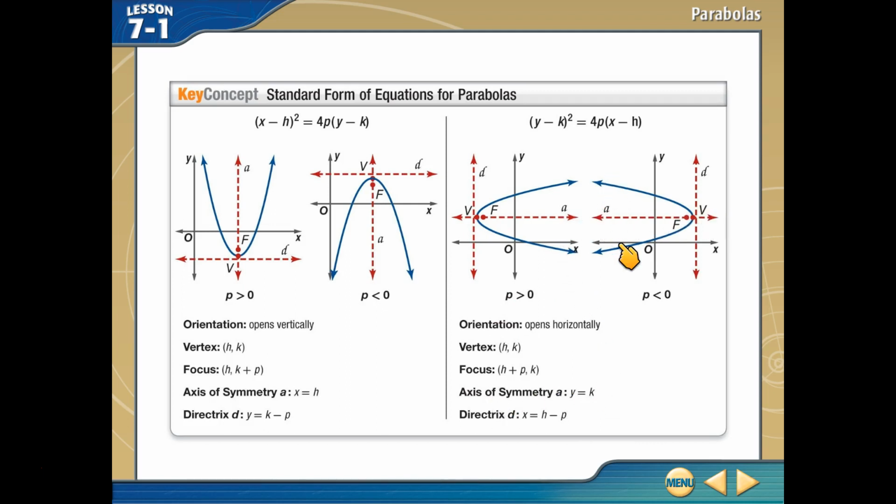If we were to fold the parabola over, it would line up on top of itself. If I have a vertical axis of symmetry, I'm going to have a horizontal directrix, and vice versa. If I have a vertical directrix, I'm going to have a horizontal axis of symmetry. Those are going to cross each other at right angles.